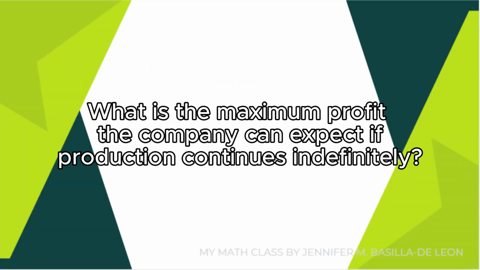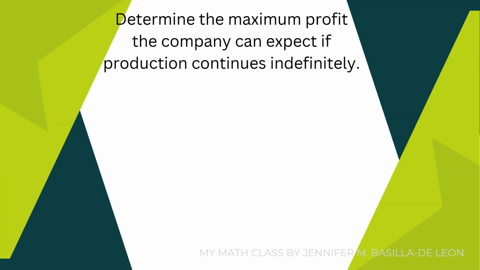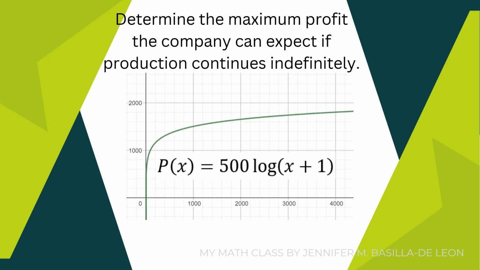But what happens if the company keeps increasing production indefinitely? To answer this, we have to find the limit of p of x as x approaches positive infinity. By analyzing the behavior of the function, we can conclude that the limit of p of x as x approaches positive infinity is positive infinity.